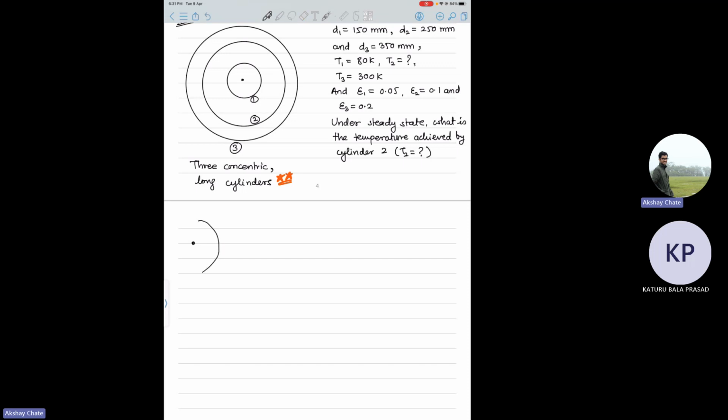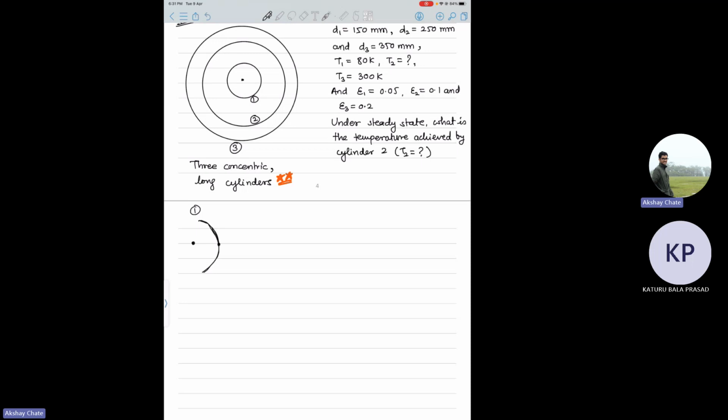If this is the surface of your cylinder 1, since we are interested in heat transfer from 3 to 1, we don't consider what is happening inside. We are interested in what is happening from the outer surface of cylinder 1 till the inner surface of cylinder 3.